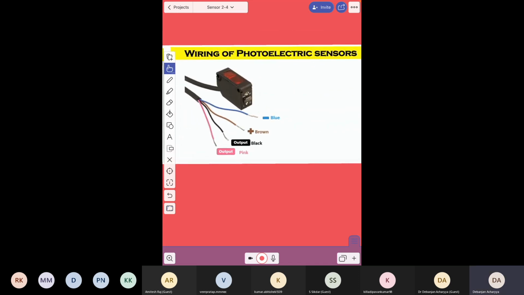Now this is a four-wire photoelectric sensor. Here, as I told you, you can get both NPN and PNP connections.